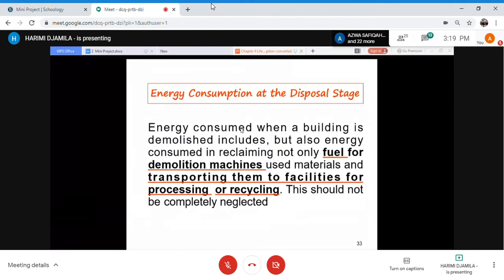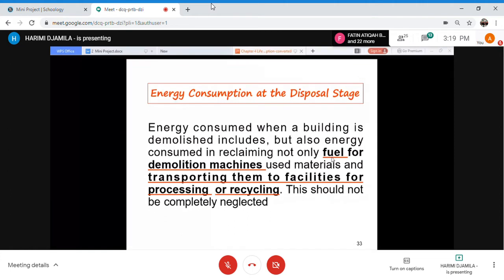I read it: energy consumed when a building is demolished includes reclaiming, not only fuel.